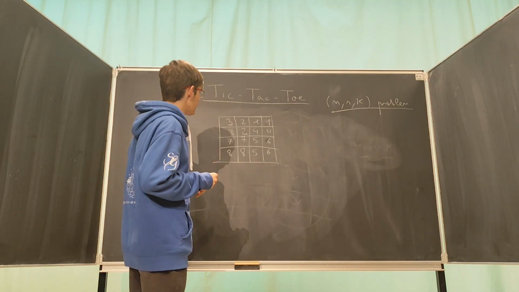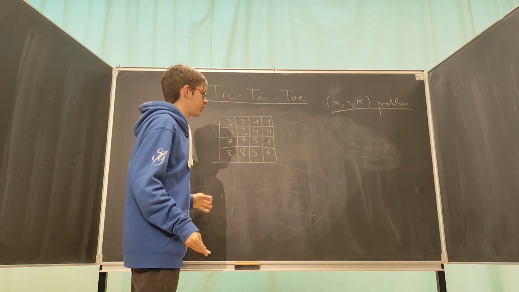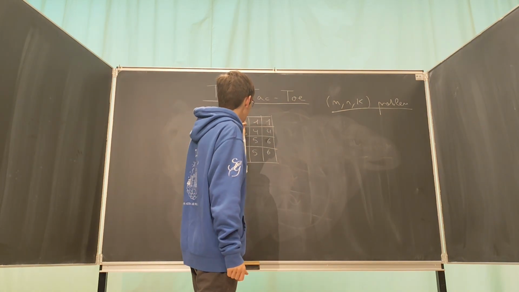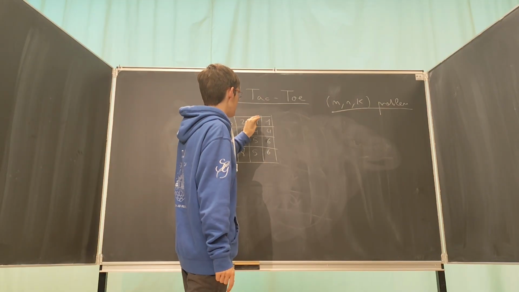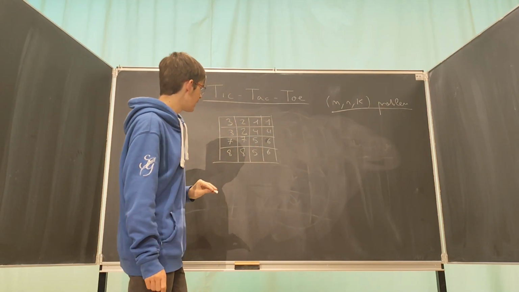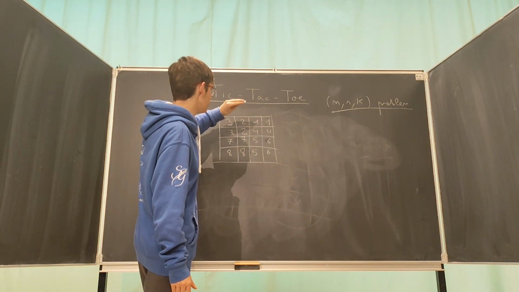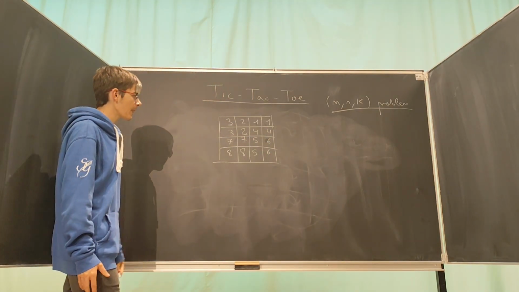Why is it so? Well, because look at every line and every column. We said we're not looking at diagonals. Well, notice that every line here in this 4x4 grid contains a pair. Here it contains the pair of 1s, the pair of 4s, the pair of 7s, the pair of 8s. And same for every column. This column has the pair of 3s, this one the pair of 2s, this one the pair of 5s, this one the pair of 6s. Okay?